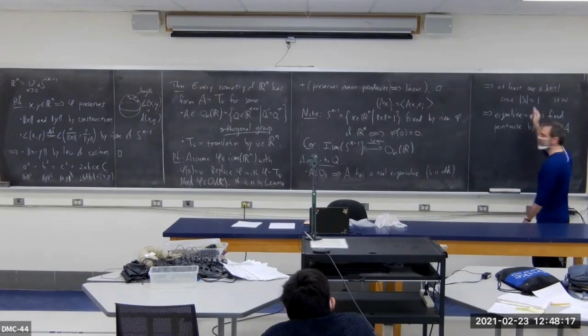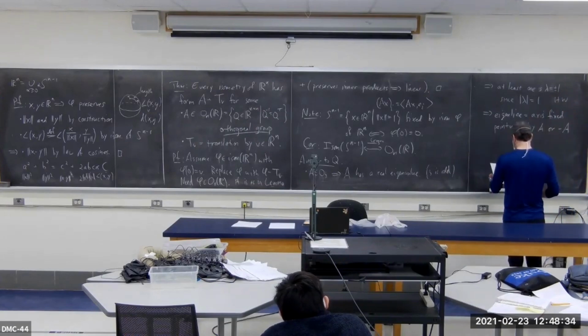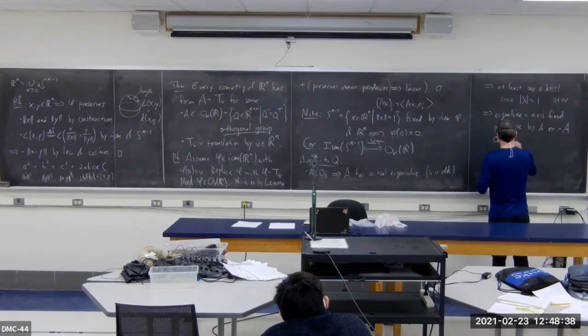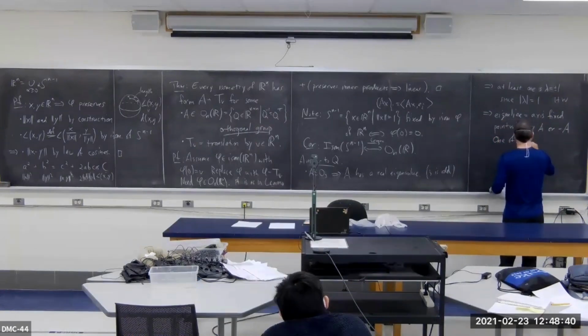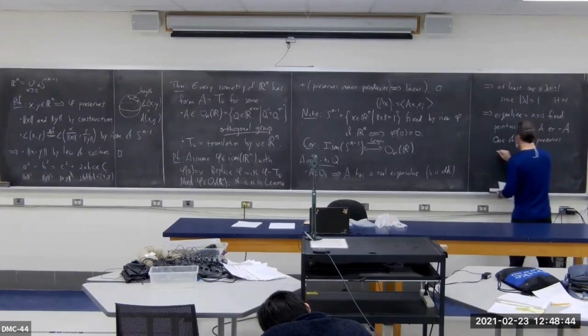If you have an eigenvector of eigenvalue minus 1, then minus A does A and then minus 1, and so that fixes the line pointwise. If the eigenvalue is minus 1, then it flips the line. But then if you take minus A, it flips the line back again. So this doesn't use odd or even. One of these preserves orientation.